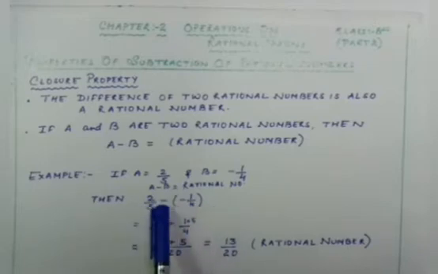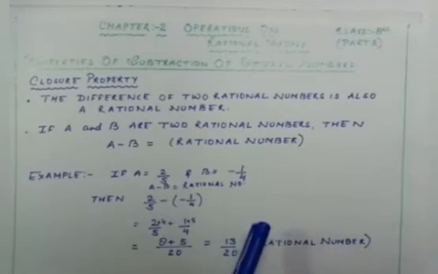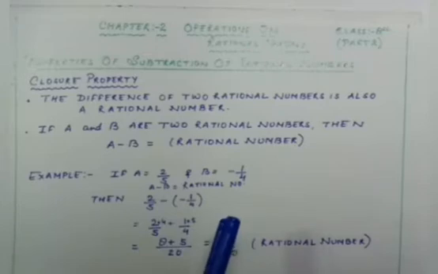Why? Because the minus sign is outside the bracket. So it will become 2 upon 5 plus 1 upon 4. Now the LCM of 5 and 4 is 20. So 5 4s are 20, 2 4s are 8. 4 5s are 20, so 1 into 5 is equal to 5. So 8 plus 5 upon 20 is equal to 13 upon 20. That is also a rational number. I hope it is clear to everyone.